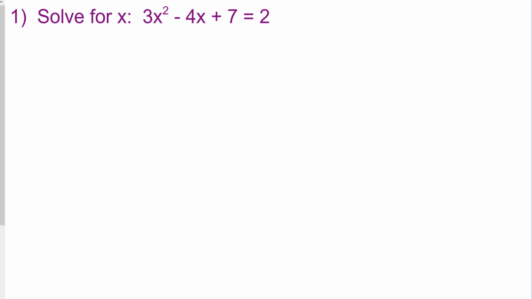Okay, this first example is just to use the quadratic formula to solve for x. And remember that in order to use the quadratic formula, you need your equation to be of the form ax squared plus bx plus c equals 0. So let's subtract 2 from both sides of this equation. And then we can go ahead and use the quadratic formula.